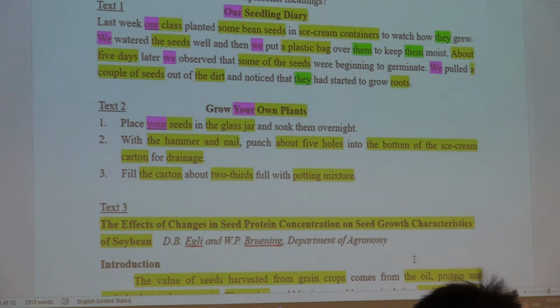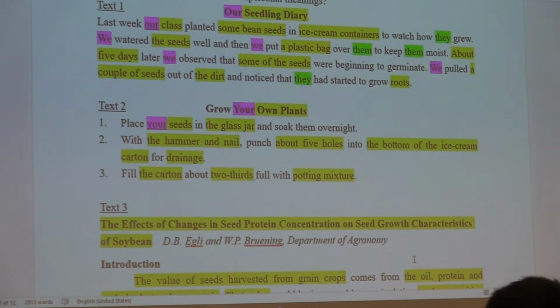Anaphoric, cataphoric, or exophoric? Looking backwards, looking forwards, or looking outwards? Anaphoric, looking backwards. We use anaphoric reference very often when we want to make the text more coherent. We don't repeat the same nouns again and again. We just use the anaphoric reference. So the use of them here refers to the seeds mentioned earlier.